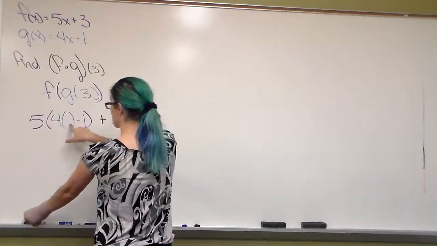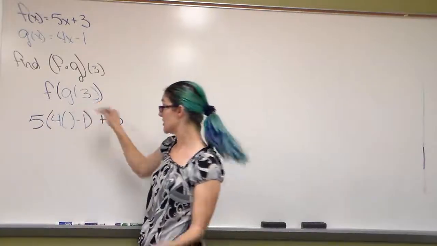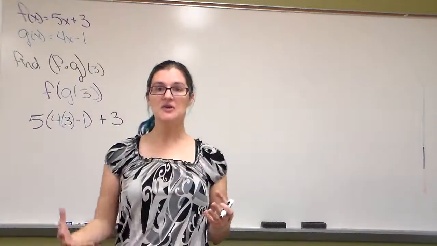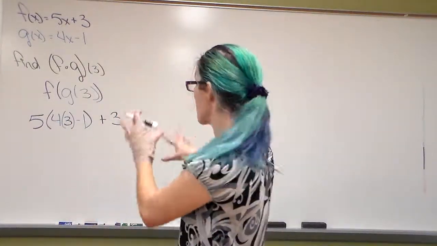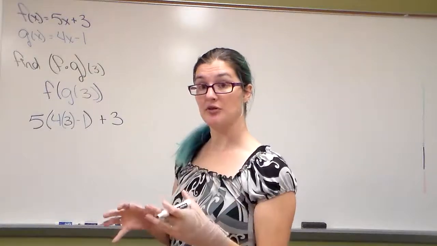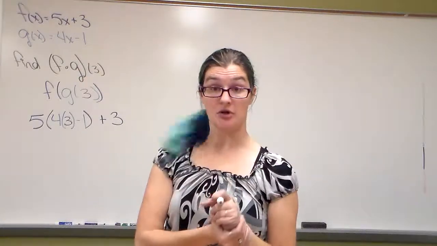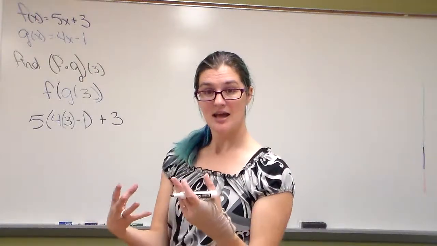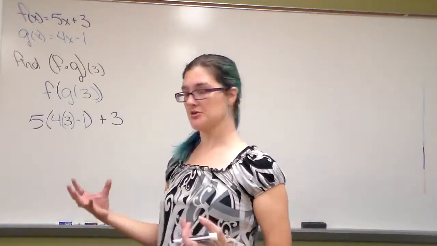And instead of the x, I'm going to put what's inside the last set of parentheses. 3. So if you color code this, it's a little bit easier to see. I have the purple function, I have the blue function, and I have the black number. It just makes it a little bit easier for us to visualize, especially if you're one of those visual learners.